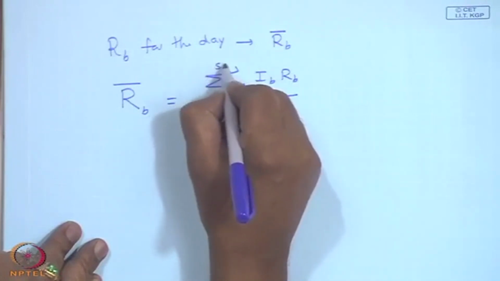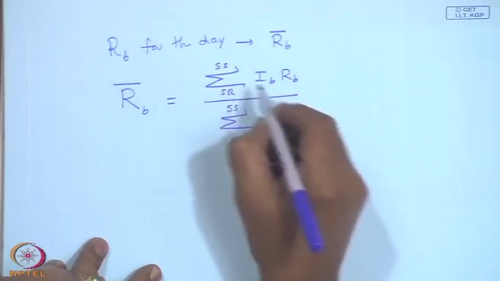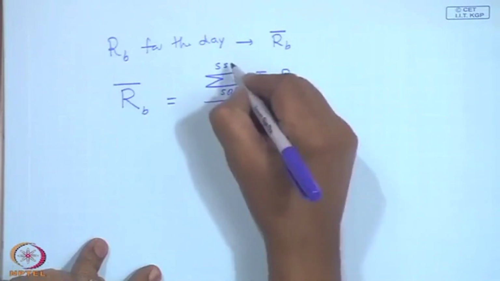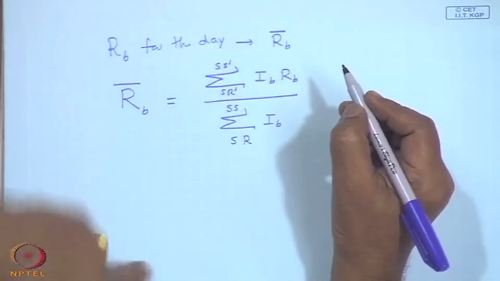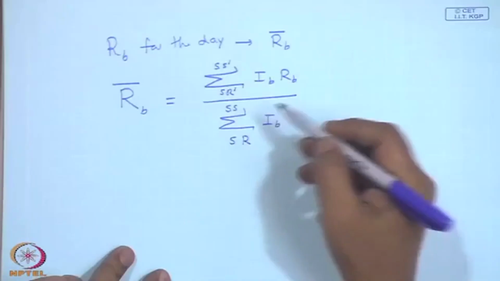Little later we will find out these are not the physical sunrise and sunset, but some SR dashed and SS dashed, which the surface sees during the day. But nevertheless, if you properly calculate it, even if I categorically say from sunrise to sunset and ignore a negative R B, etc., you will still get a correct value.